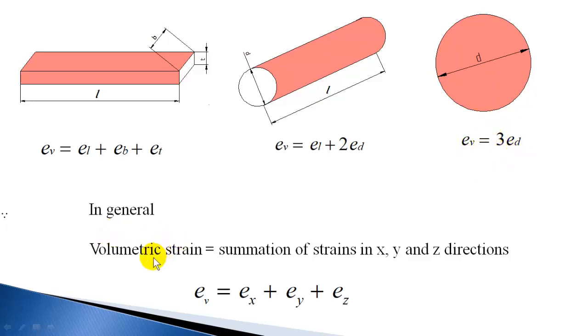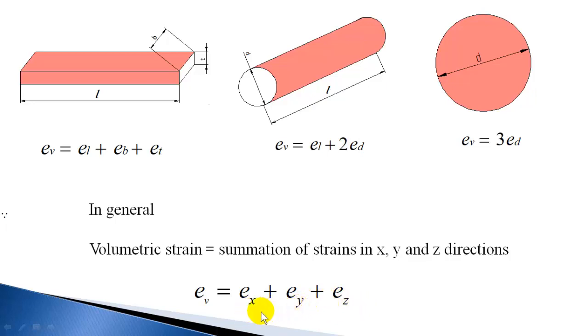So in general we can write the volumetric strain as summation of strain in x, y, z directions. So EX is EL, EY is ET and EZ is EB, so it is EL plus EB plus ET.